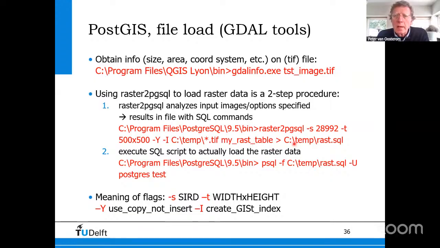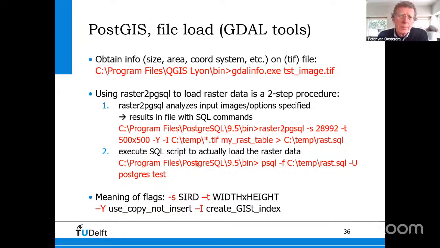And then we get a file with SQL statements that create a table, that load the table, that make the tiles. And then to load the actual data, we are running the psql command line interface, and we give this temporary file with the output from the conversion to the database as user postgres and load it in the database called test.